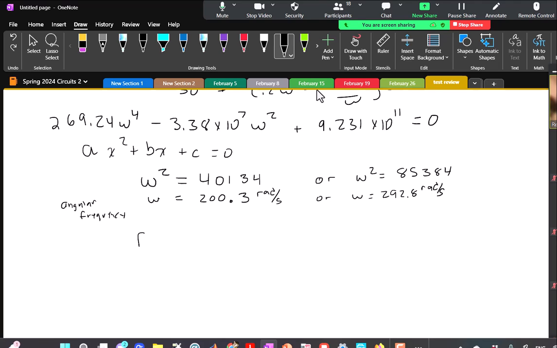If you wanted to get the resonant frequency, that's usually going to be F, and omega equals 2 pi F, and so F equals omega over 2 pi, and so that would be 31.9 hertz, or 46.6 hertz.